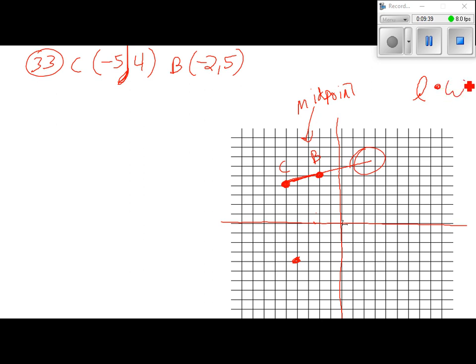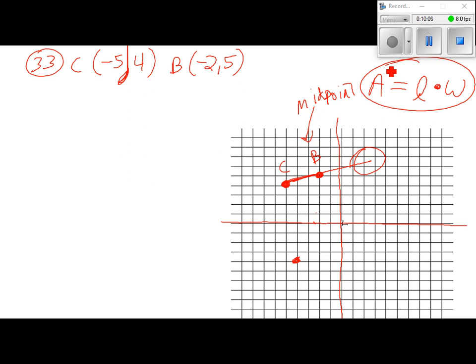Is that the formula for area of a rectangle? Not quite. This isn't a formula. All formulas have a what in it? We gotta have an equal sign. That's the formula, right?